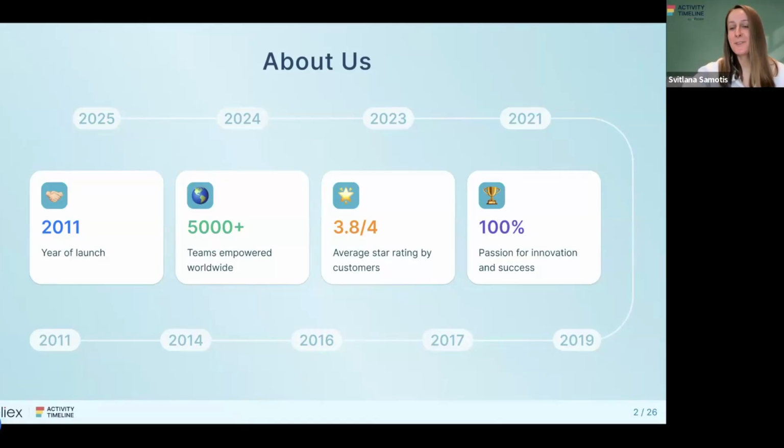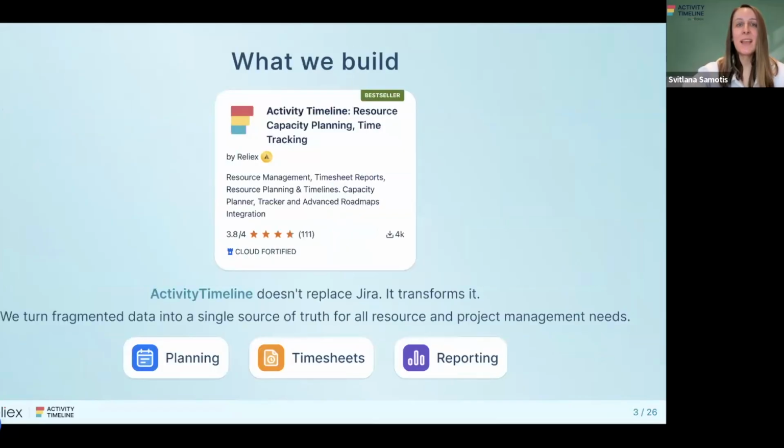We are 100% passionate about innovation, so the app is actively being developed, always releasing new features to improve processes and usability for users. The product we built is called Activity Timeline, Resource Capacity Planning and Time Tracking.